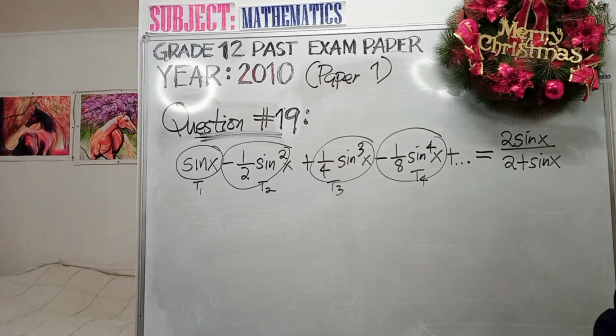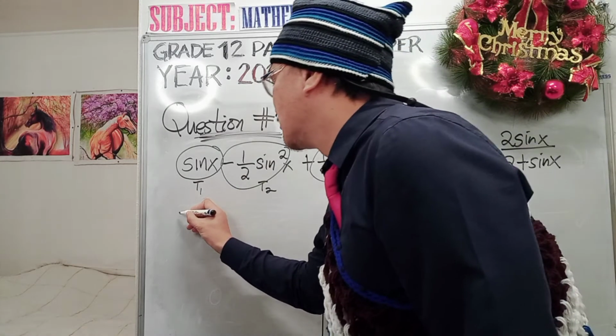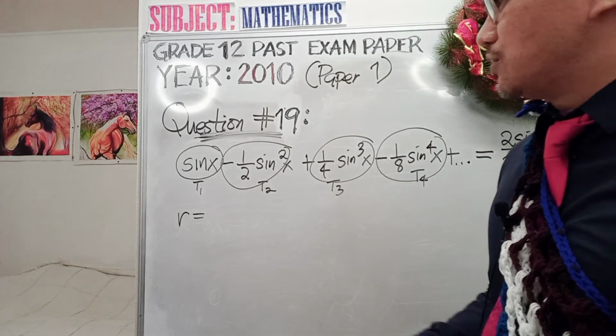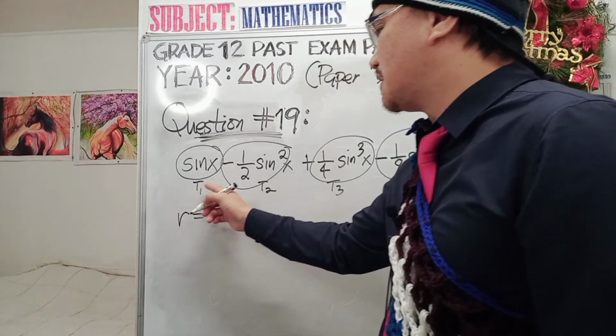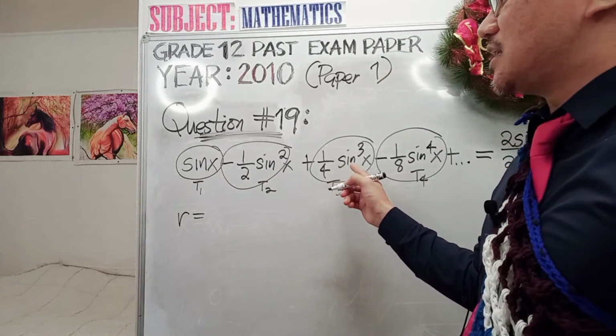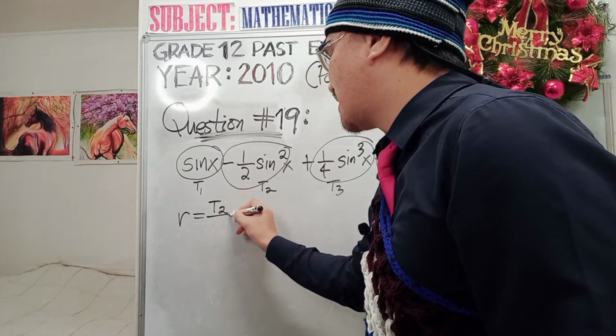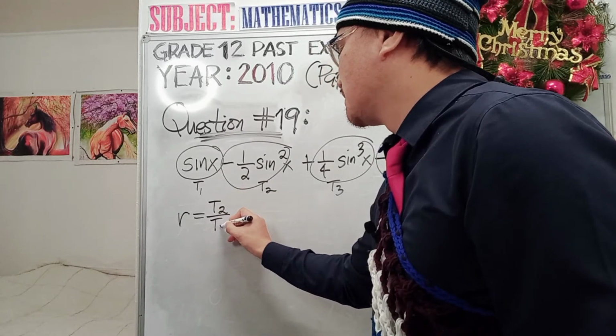That could be, or you can prove by saying that the common ratio of the geometric sequence or series is the second term divided by the first term.